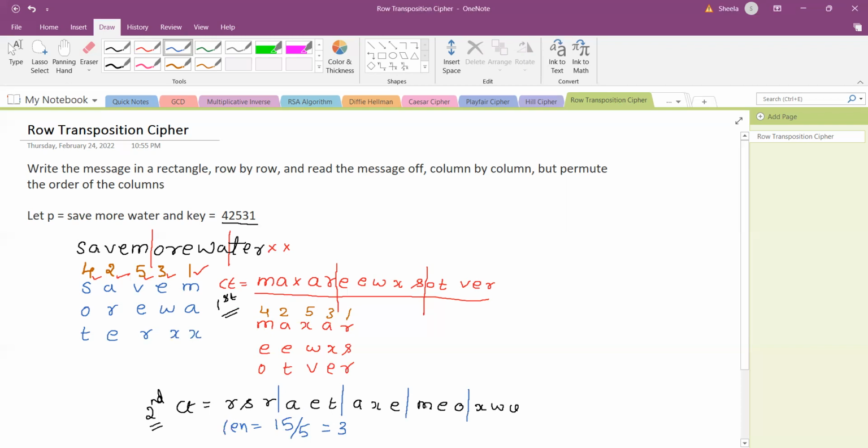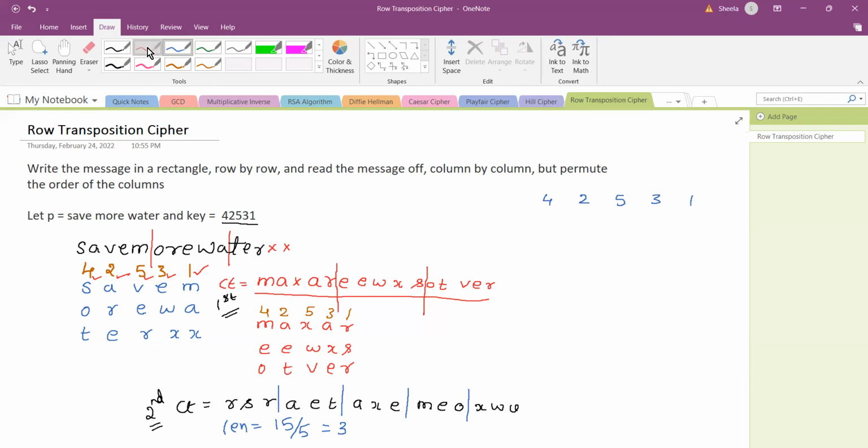After dividing, we write the matrix. We write column-wise, because while encrypting we wrote row-wise and read column-wise. While decrypting we must write column-wise and read row-wise. First we write down the permutation given in the key sequence, that is 4, 2, 5, 3, 1.